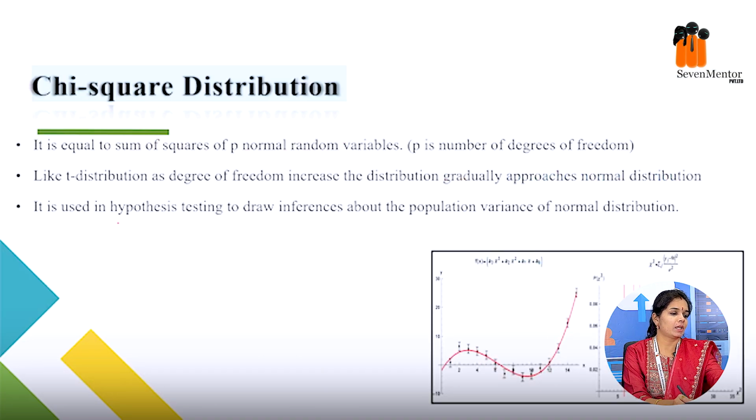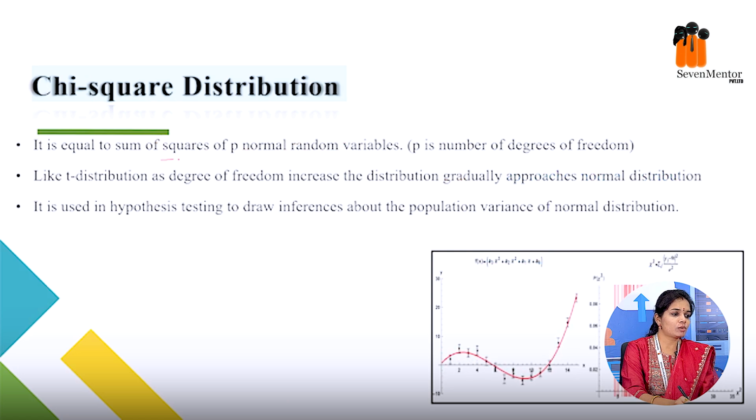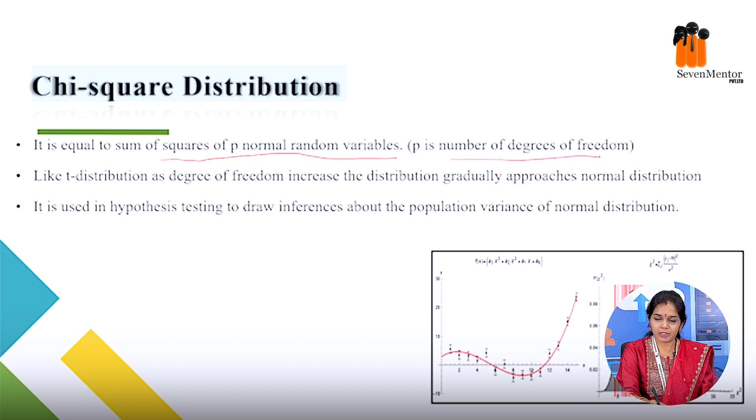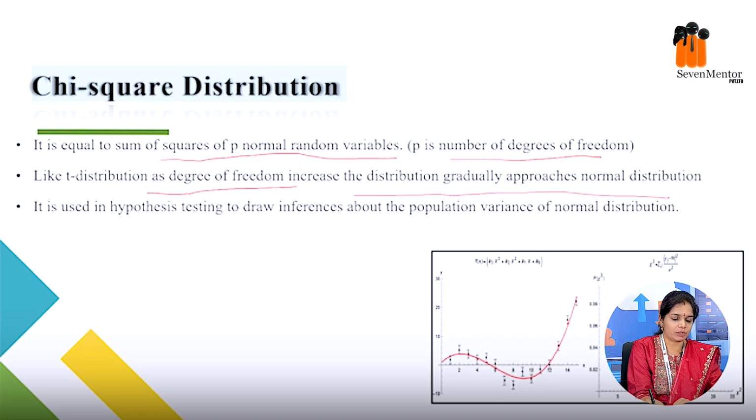Yes. Chi-square distribution. It is equal to the sum of squares of p normal random variables, where p is the number of degrees of freedom, which we just saw in the T distribution. Similar to the T distribution, it also has degrees of freedom. As it increases, the distribution gradually approaches the normal distribution.